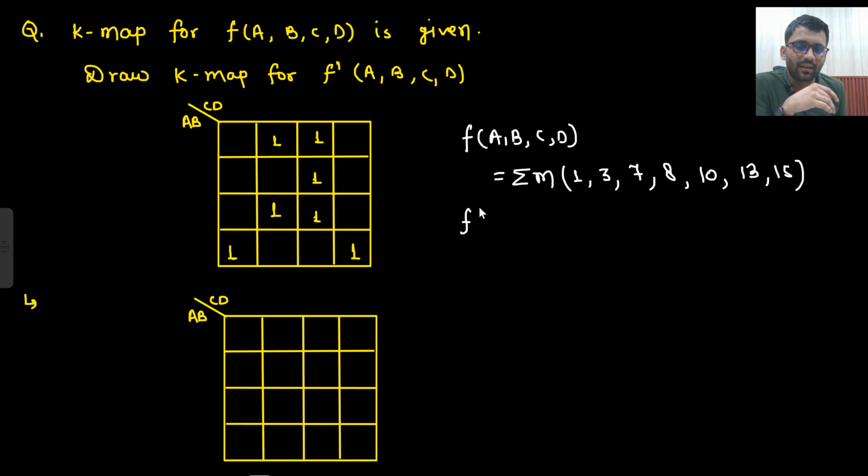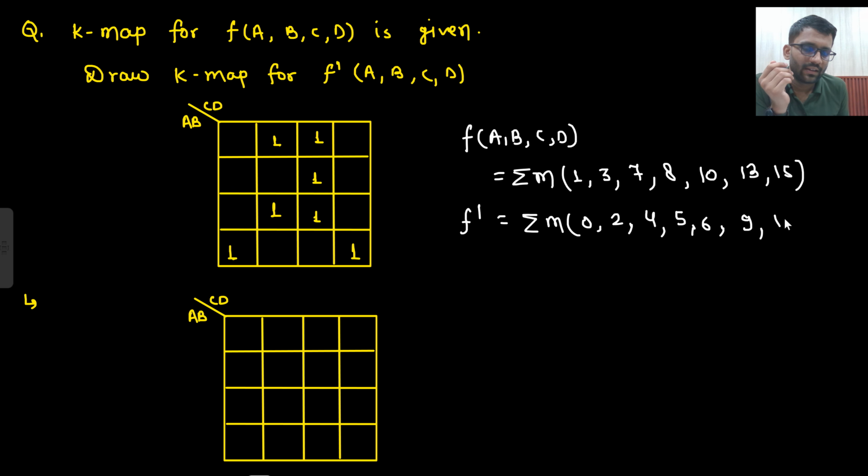What will be F bar? F bar will be whatever is not there, that will come here. So 0, 2, 4, 5, 6, 9, 11, 12 and 14, right?